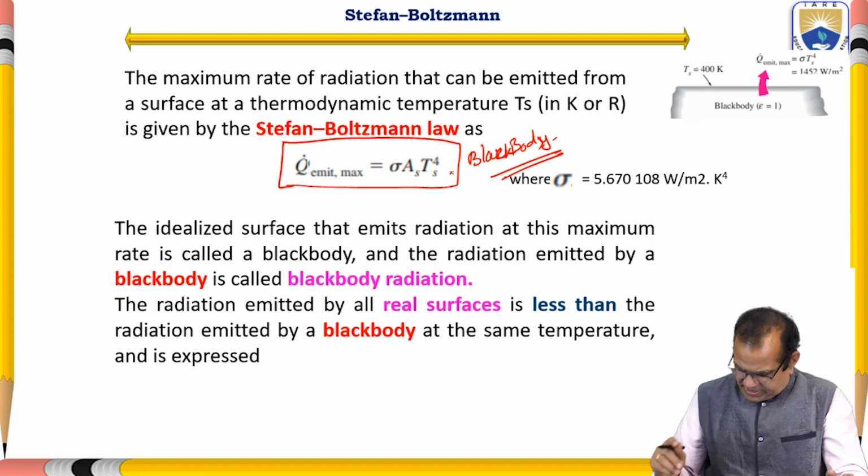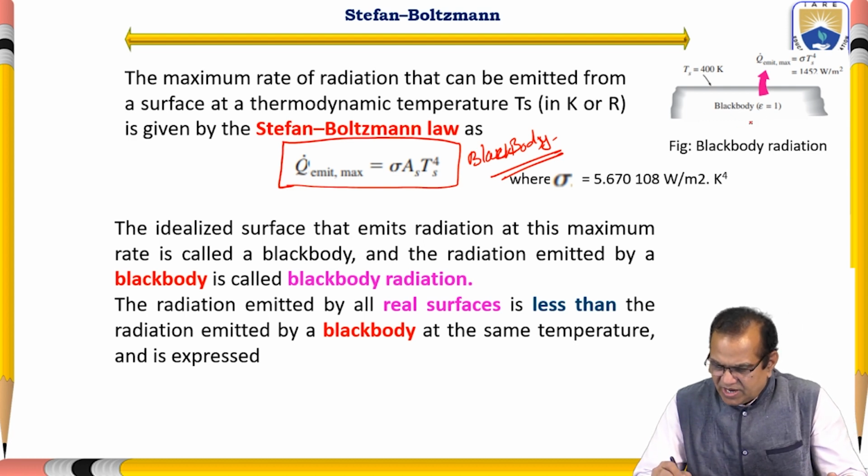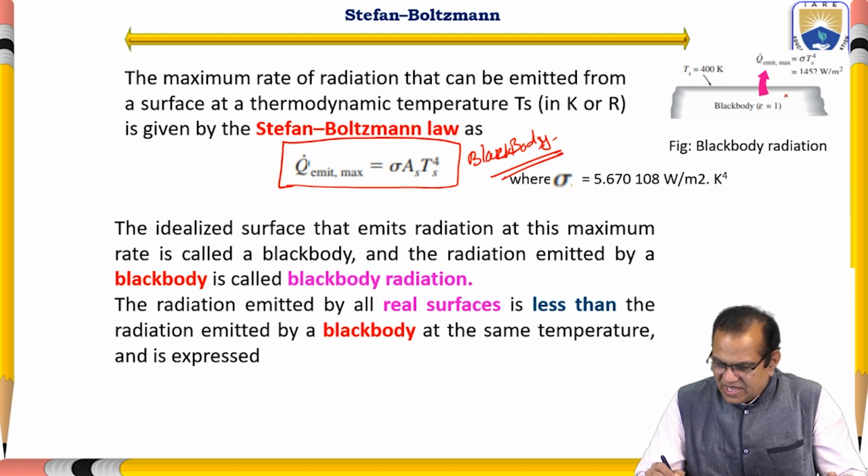But for a real body, how much? Here you can see, for a black body, epsilon is equal to 1, Ts is equal to 400 K, and Q emitted is equal to sigma T to the power 4, 1452 watt per meter square will be emitted.